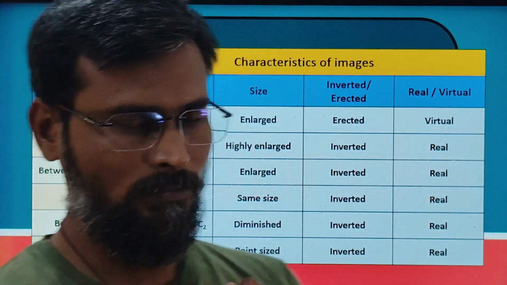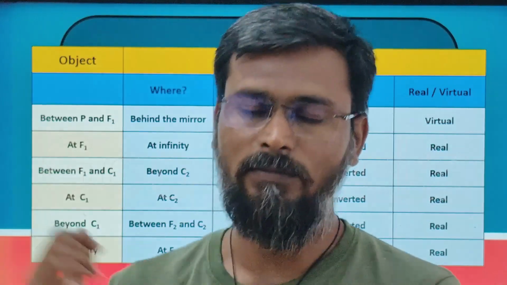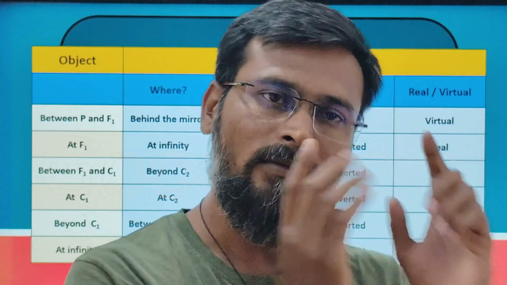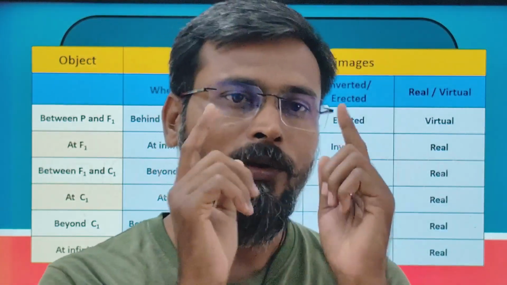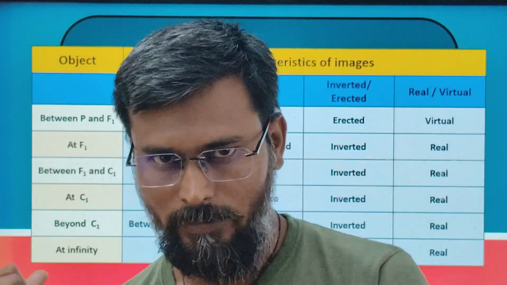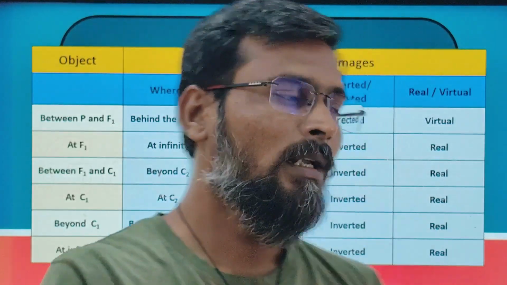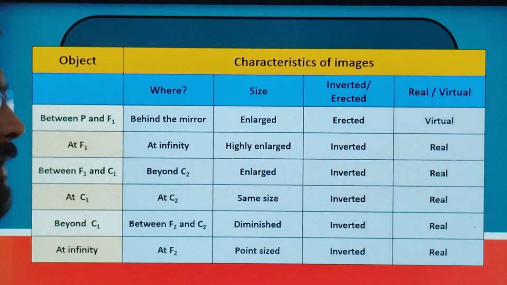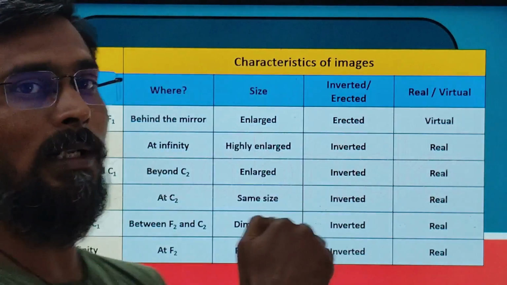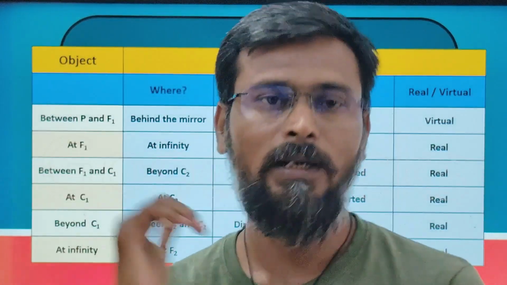Now how to learn? Actually, you need to first of all draw a blank table. With the help of your ray diagrams, fill up this table on your own. Then check how far you are filling this table correctly with the help of our table.